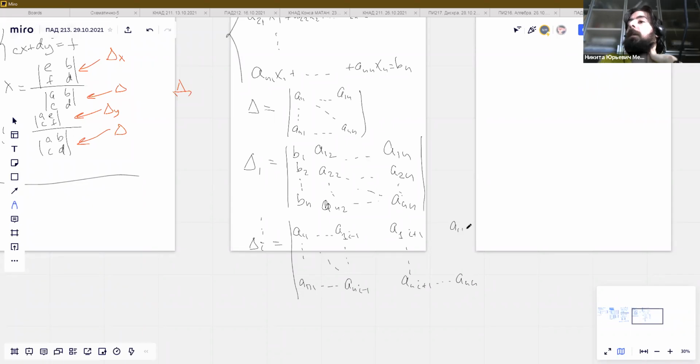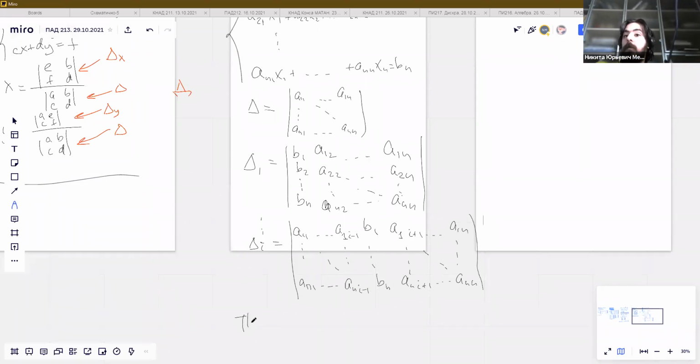So everything else is the same, but instead of the ith column, which should be between the (i-1)th and the (i+1)th, we have b1, etc., bn. We throw away one column and instead of it, put the right-hand side.